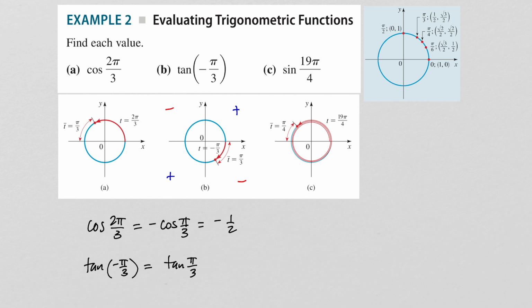So yes, this is going to be a negative value, and this is going to end up being negative tangent of pi over 3. Again, we look at pi over 3, and we take the y value divided by the x value. And so that is radical 3 over 2 divided by 1/2, and when you simplify this, you get negative radical 3.